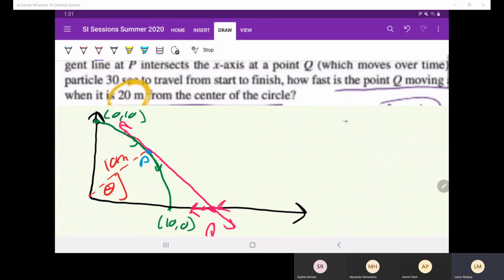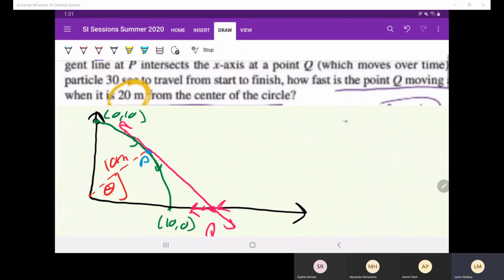So Q is moving inward as the angle goes down, because the slope of the tangent line will get closer and closer to infinity. It'll be getting closer and closer to pointing straight up, and once it hits the x-axis, it is infinity, so it will be straight up.